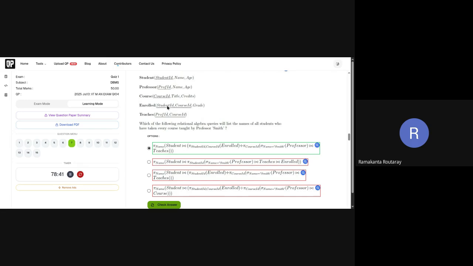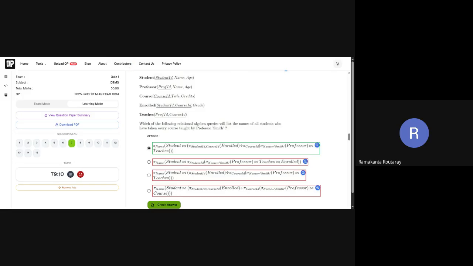Actually, what B does is that it also includes the students taught by other teachers. It is not filtering out only Professor Smith. It lists all the students who are taught by Smith and also others, because it is joining with Smith.